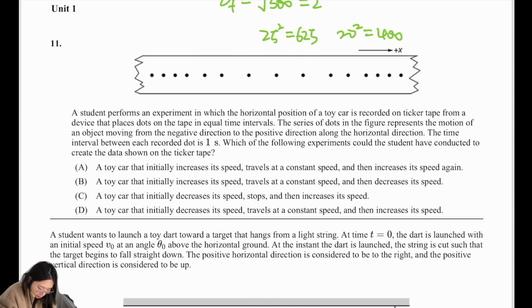Okay, in between the dots, the distance is getting greater and greater, and then it starts decreasing again. So it has sped up and then slowed down. It has sped up, traveled at a constant speed, and then slowed down. So the right answer is B. It increased the speed, traveled at a constant speed, and then decreased the speed.